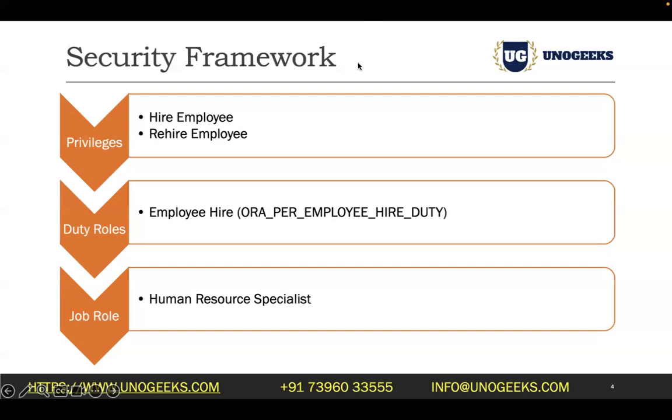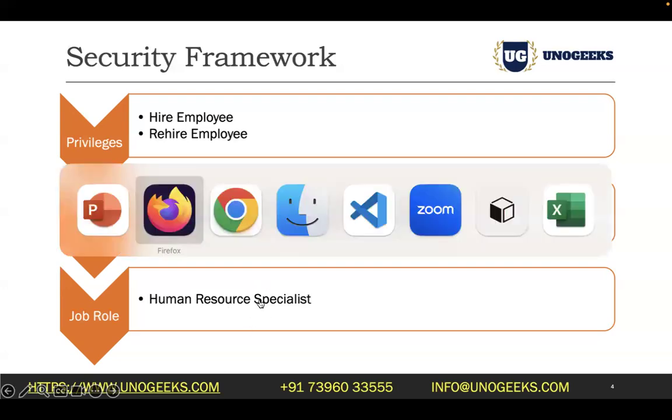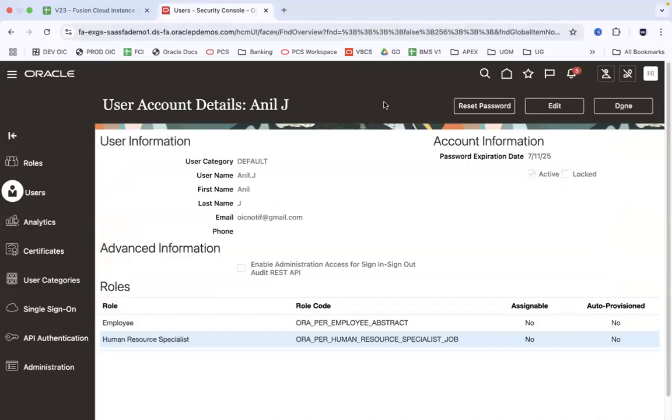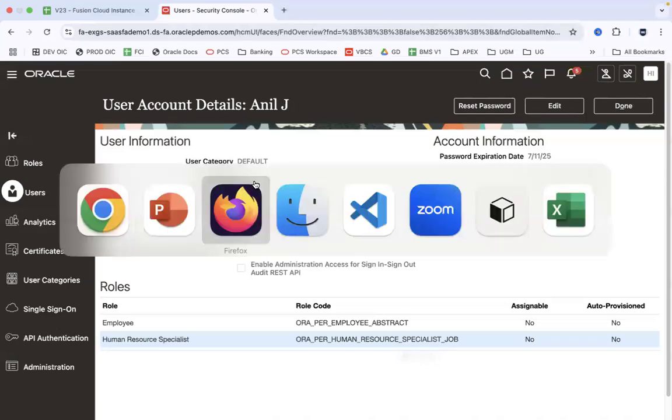So what's a security framework, guys? You have thousands of privileges created by Oracle already, and those privileges are grouped into duty roles. Plenty of privileges are attached to one duty role, and plenty of duty roles could be attached to a job role. And the moment you assign a job role to a user, that is precisely why we notice, guys, that the moment I assign a job role to Anil, he started seeing these two groups.